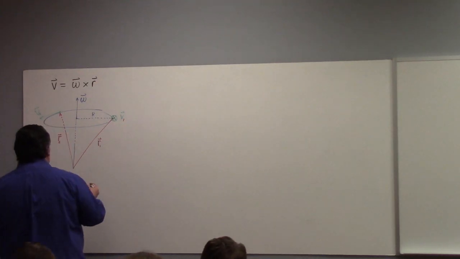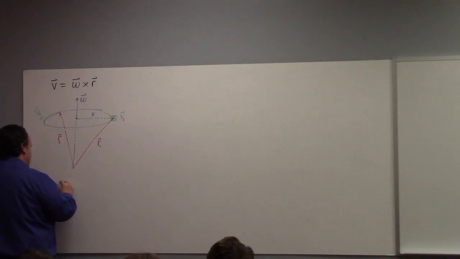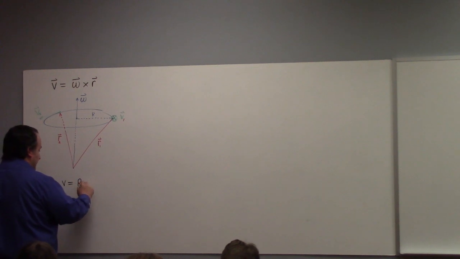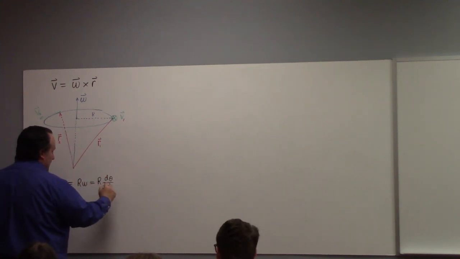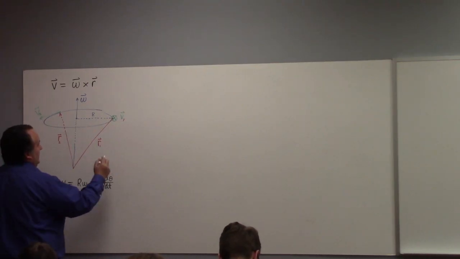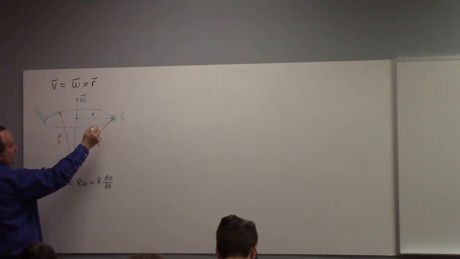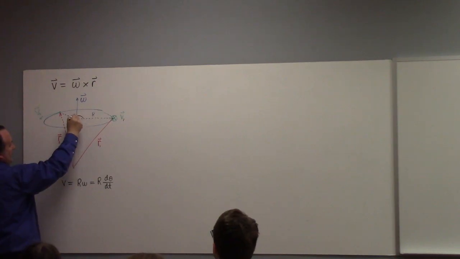And in this context, we can write the following equation, right? V is equal to R omega, which is R times d theta dt in this context, right? Where theta is going to be the angle swept out in this circle.